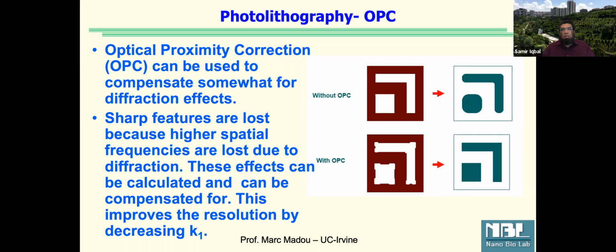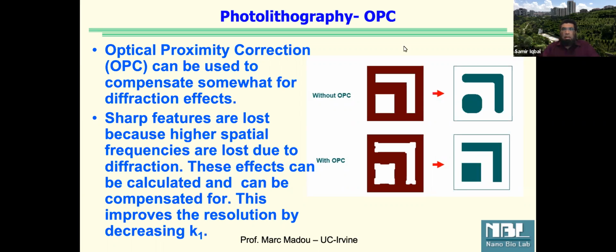Within lithography, there have been some techniques, like optical proximity correction. The upper figure shows that if there is a very small feature, like an L-shaped thing or a square, because of diffraction limitations, when the light projects, the edges don't come out sharp. So there have been some physical interventions.